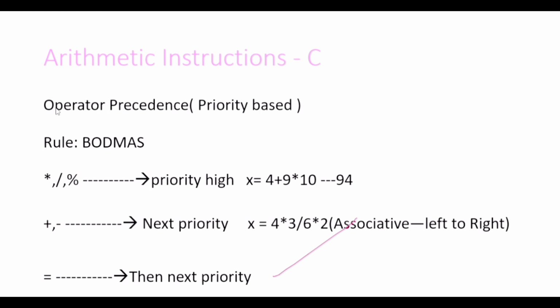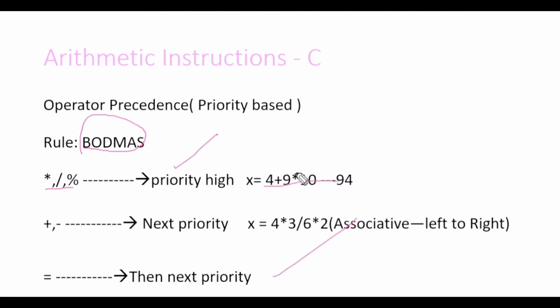Operator precedence is nothing but the priority. It will follow the BODMAS rules. High priority will obviously be division, multiplication and modulus, then plus and minus get the next priority. Then coming to the third priority, which is equality.